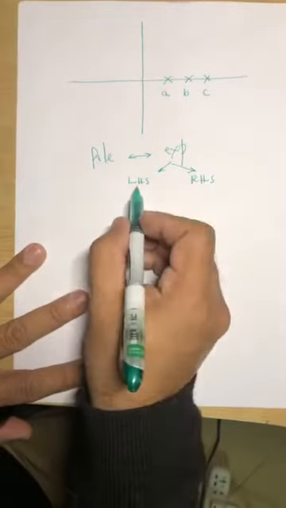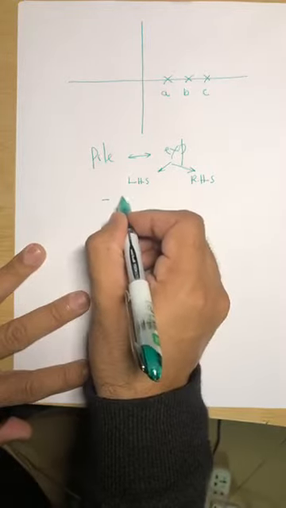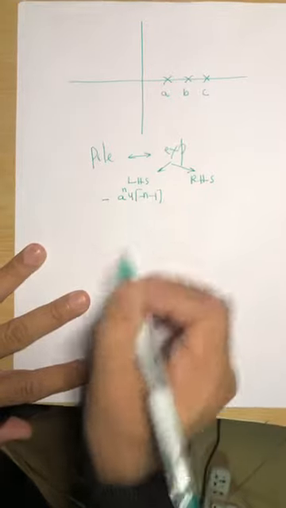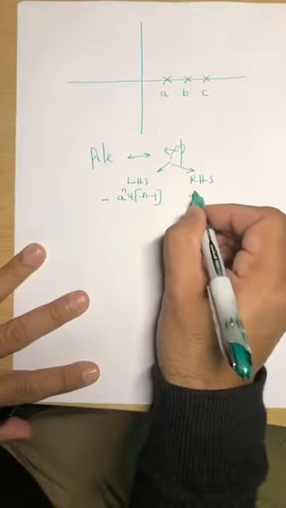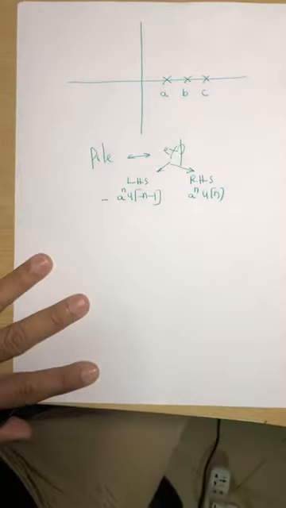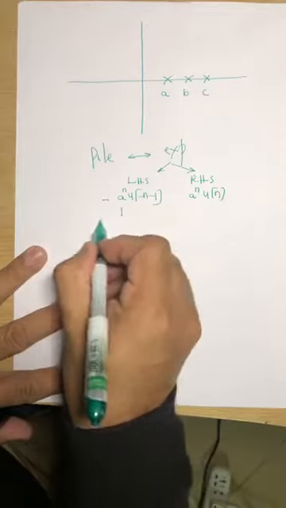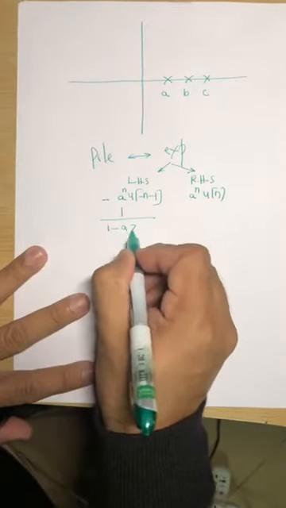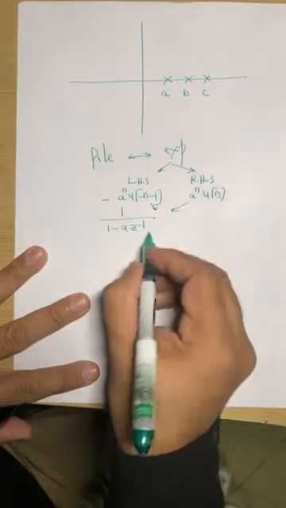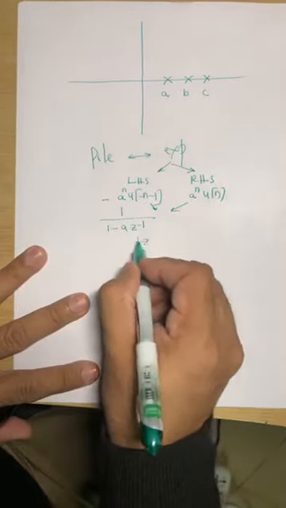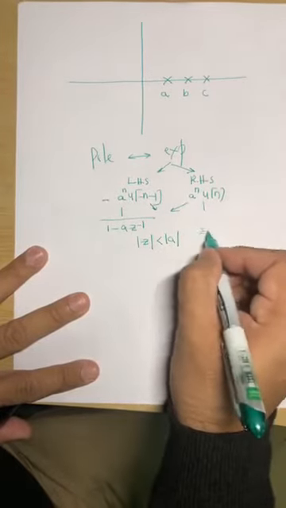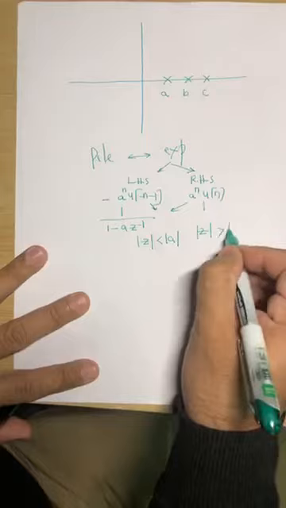If it is a left hand side exponential, it will be minus a of n u of minus n minus 1. If it is a right hand side exponential, its value will be a of n u of n. Both will result in the same Z transform, which is 1 minus a Z inverse, the same. Only the region of convergence differs: for this it will be Z magnitude less than a magnitude, and for this it will be Z magnitude greater than a magnitude.